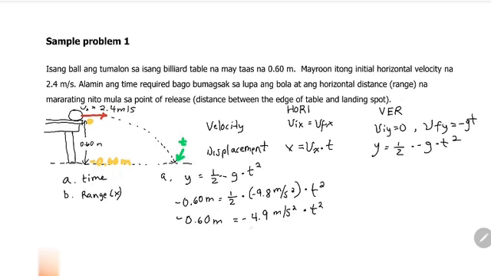Now, you can see na naka-multiply yung 4.9 dun sa time squared, which is yung gusto nating variable, di ba? So, in order to separate that, what we can do is to divide both sides by 4.9 meter per second squared. Let's cancel this. Let's divide 0.6 by 4.9.